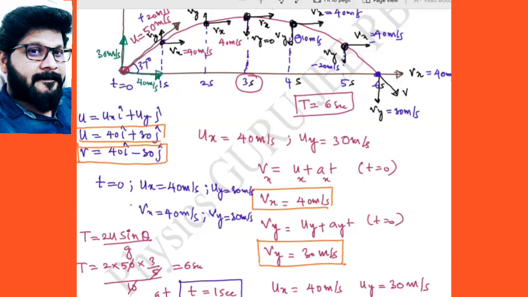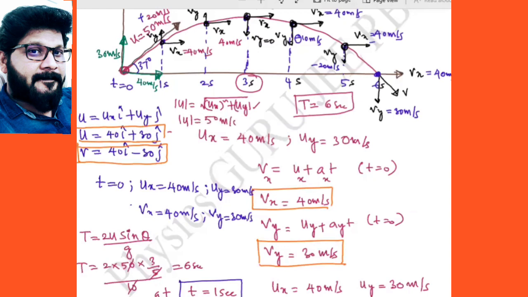Is it clear? Now, what is the magnitude of initial velocity? Already 50 meter per second. Magnitude of initial velocity is under root of ux square plus uy square, which is nothing but 50 meter per second.